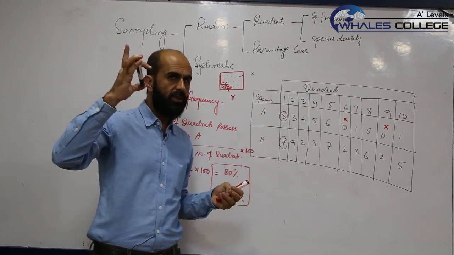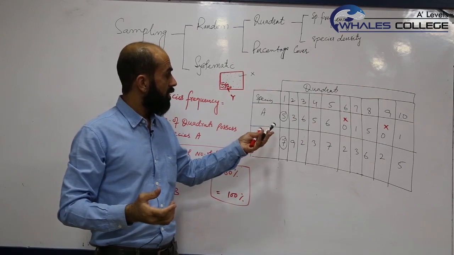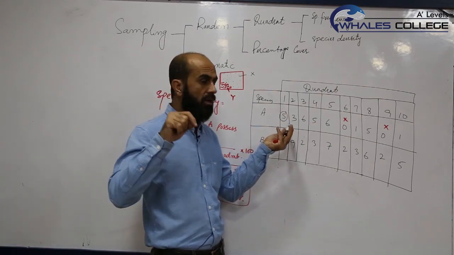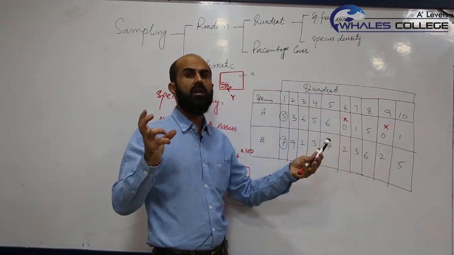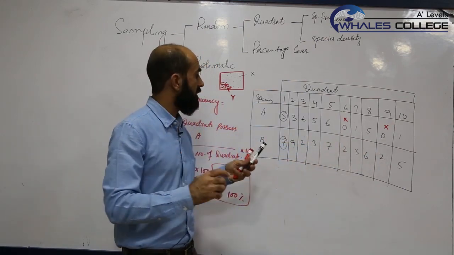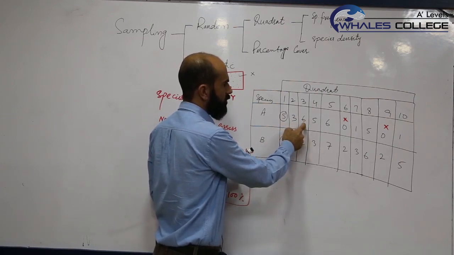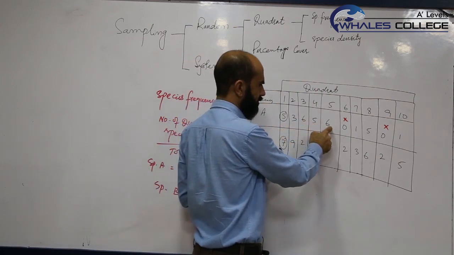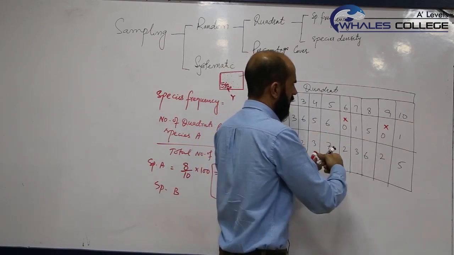And I told you in the previous video about biodiversity what abundance is. So abundance: if you count the individuals of each species, their summation will make up the total abundance. Like here, 5 plus 3, 8, then 14, 19, 25, 26, 31, and 32.